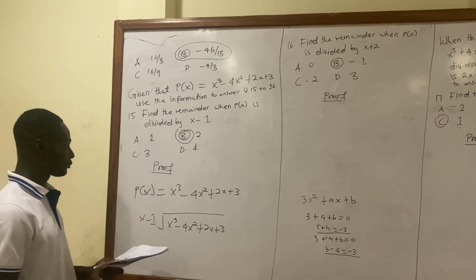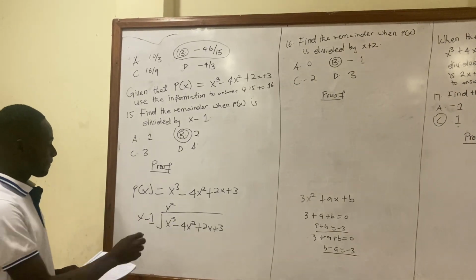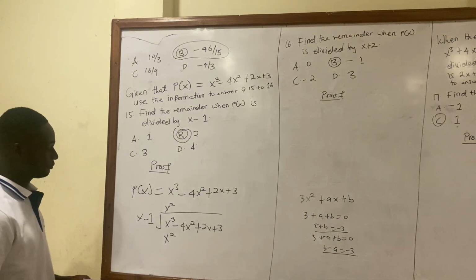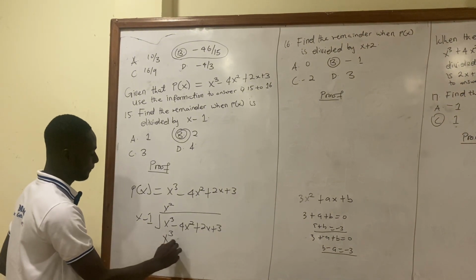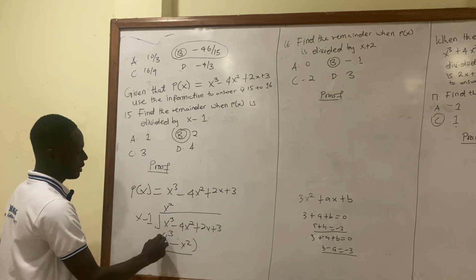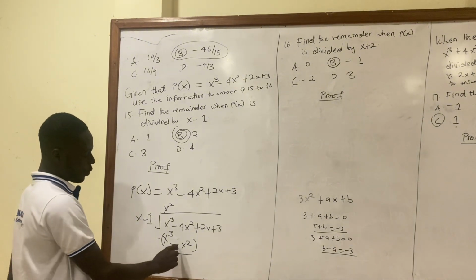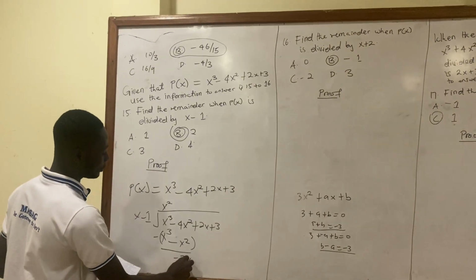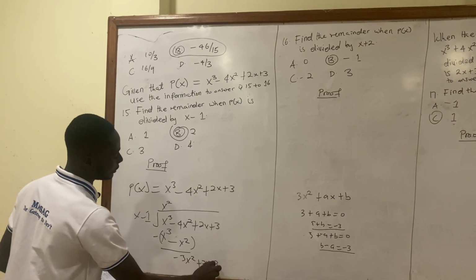Dividing this, you have x squared, then use it to multiply. You have x cubed minus x squared. Then you subtract, and you get minus 3x squared plus 2x plus 3.